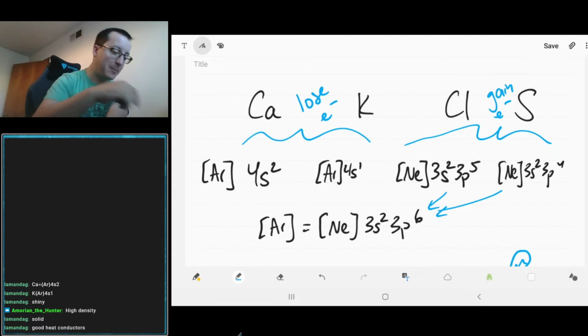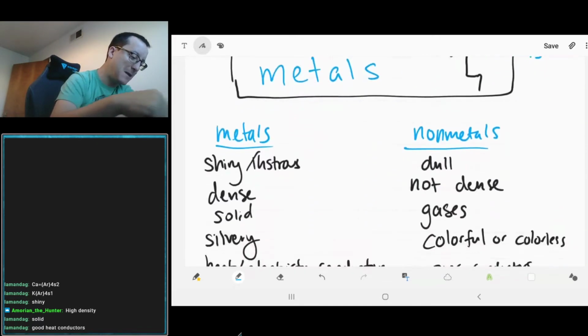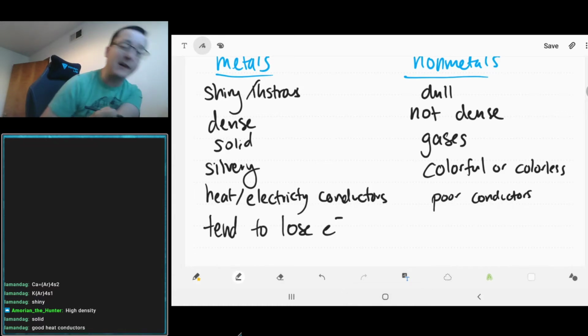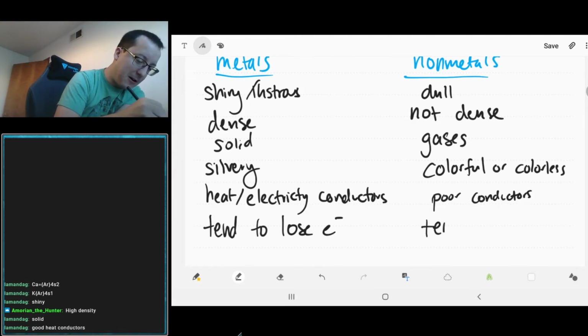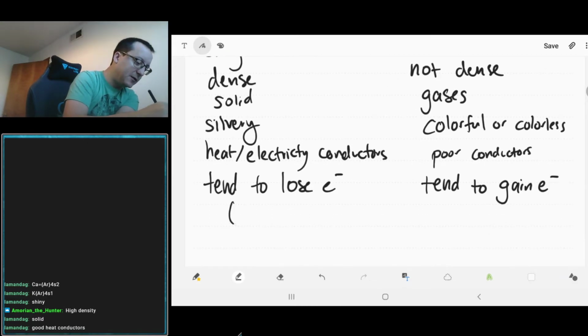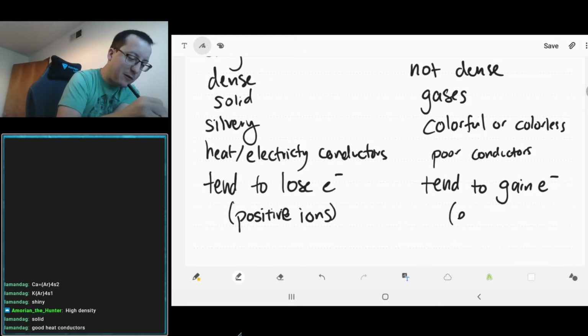Okay, so that being said, we're going to see metals will tend to lose electrons in chemical reactions, and nonmetals will tend to gain electrons. As a result, these ones will form positive ions, and these ones will form negative ions.